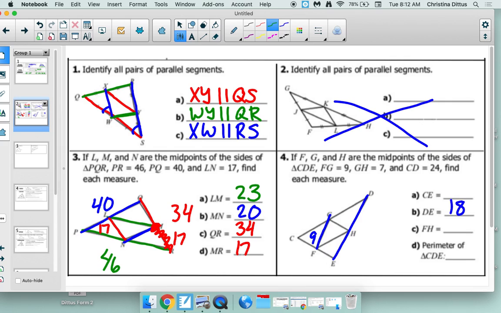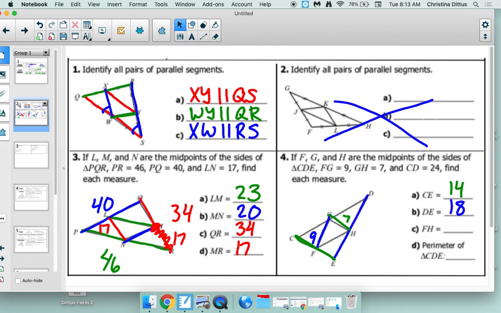Then it says GH is 7. So which side's parallel to that? CE. So how big is CE? 14.